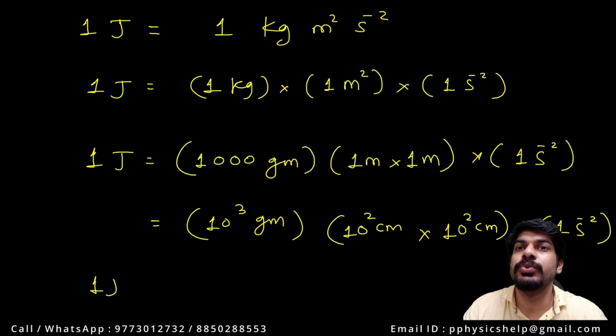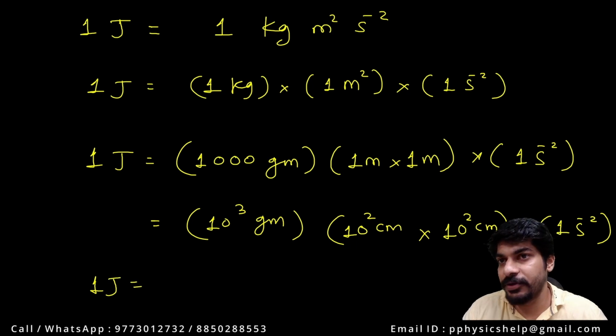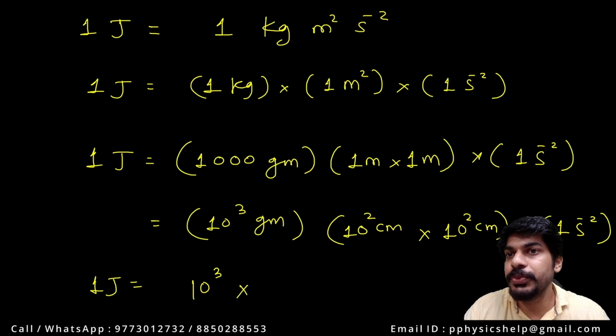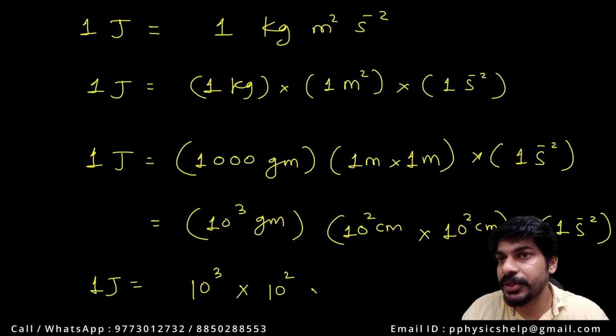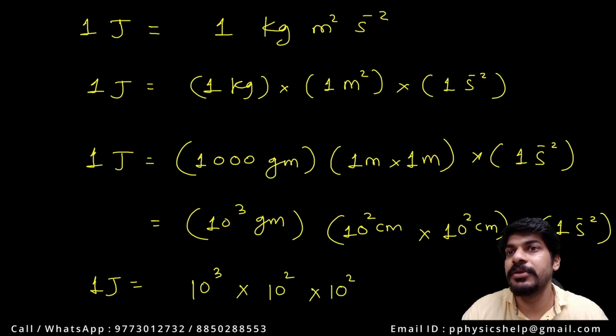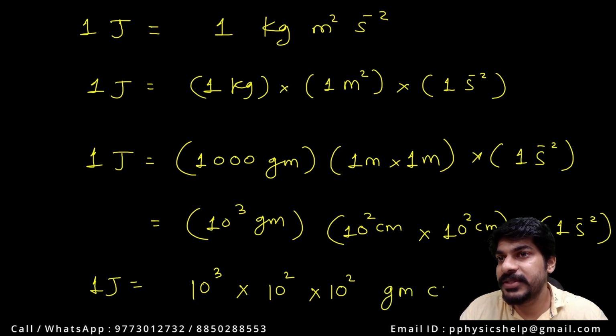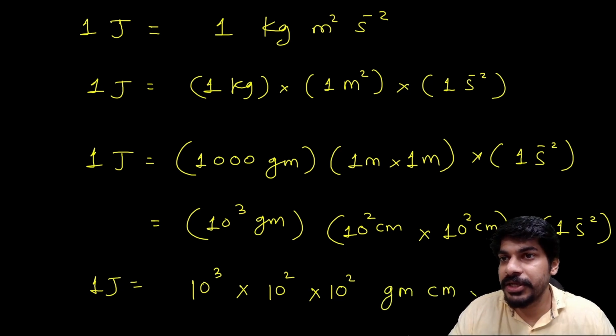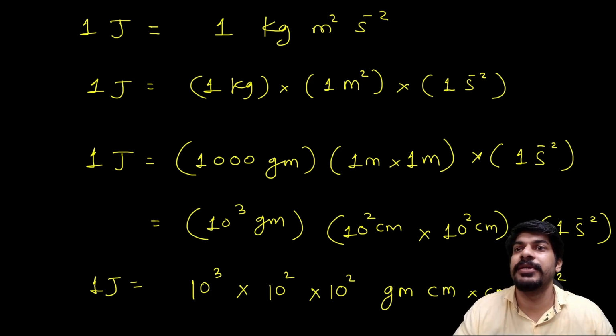So 1 joule is equal to, let's see what we get. This is 10 raised to 3 into 10 raised to 2 into 10 raised to 2 again, gram centimeter, again into centimeter into second inverse squared, right?